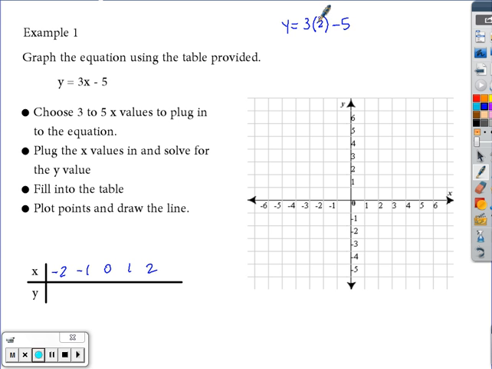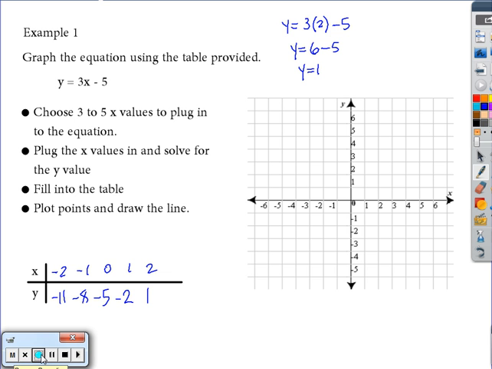Now I solve that. 3 times 2 is 6. 6 minus 5 is 1. So y ends up being 1 when x was 2. So we fill that into our table. And you go ahead and do that for each of these other x values and check.